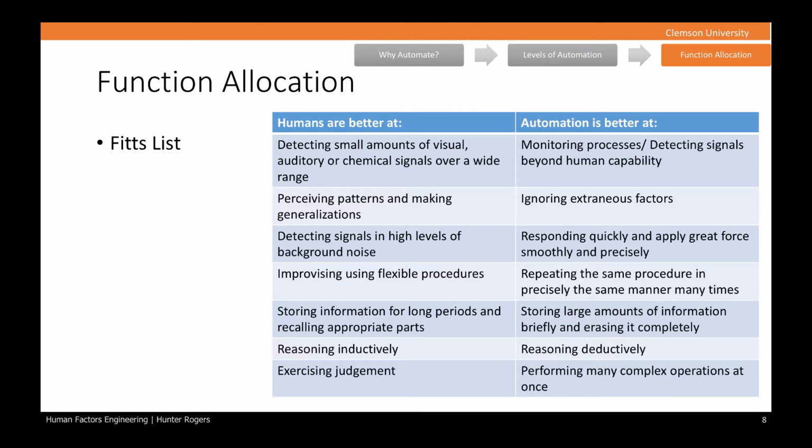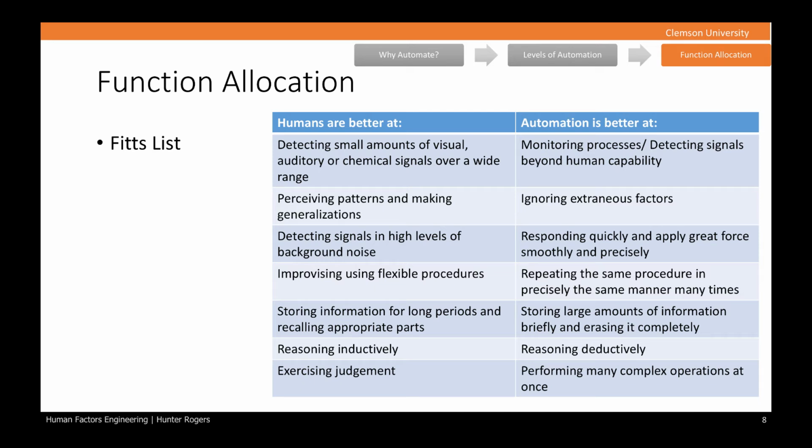So that's why humans are better at flexible procedures. Automation is also really good at storing a large amount of data, but they erase it after a certain amount of time, whereas humans are really good at picking out information that's been stored for a long amount of time. Reasoning deductively instead of inductively, and then performing many complex operations at once.